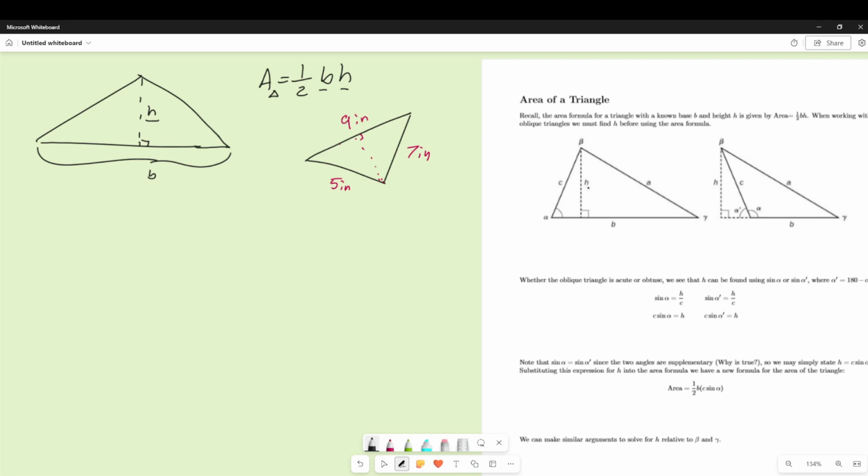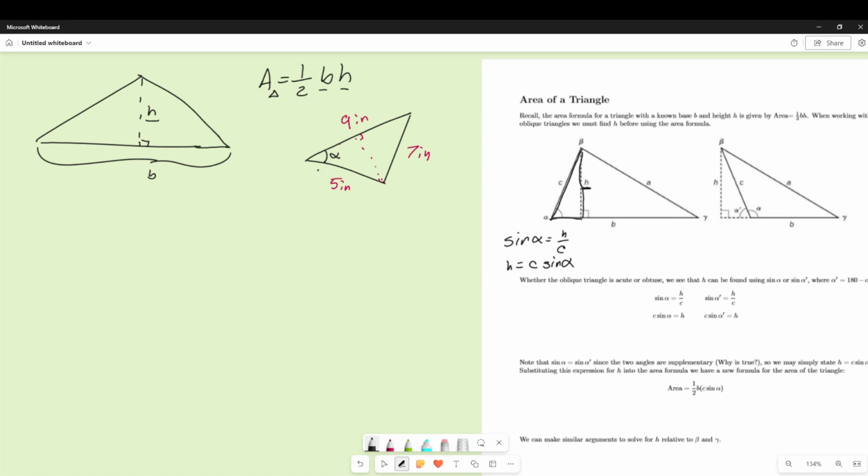But if you remember, when we were building law of sines, we took that height and made an argument about this smaller triangle, that the sine of that angle alpha was equal to that height over c, so that height is c times the sine of alpha. So if we don't know this altitude, but we either know or can find one of the angles, instead of having to calculate that altitude, we can use our trig.